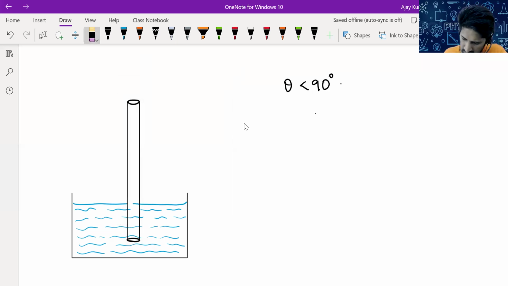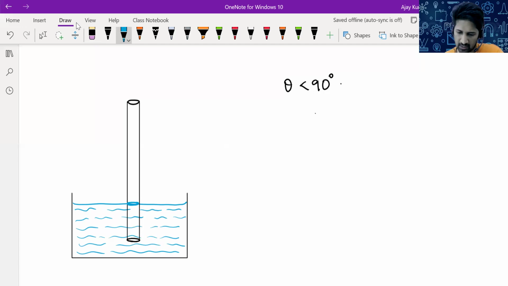So inside the tube, there will be one liquid surface now. Outside the tube also there is a liquid surface. Inside there will be one liquid surface, and that surface will be in circular shape like this. Now, the contact angle between the liquid and this tube is less than 90 degrees.